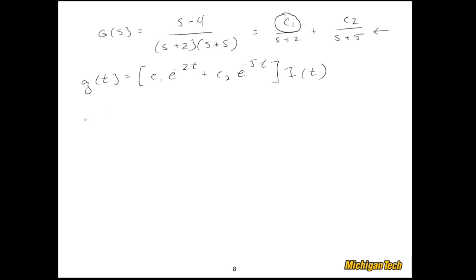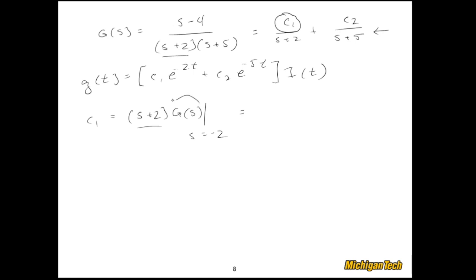Let's say I'm going after c1. c1 is equal to s plus 2 times g of s evaluated at s equal negative 2. Now this only works for roots that have multiplicity 1.